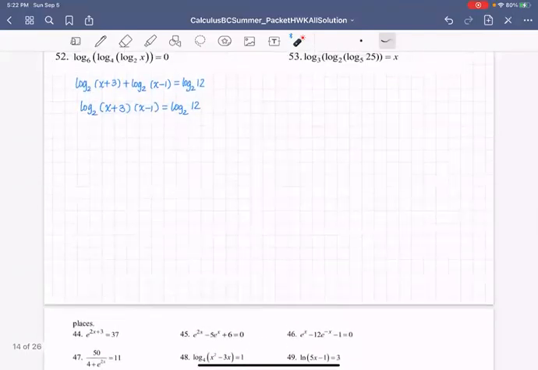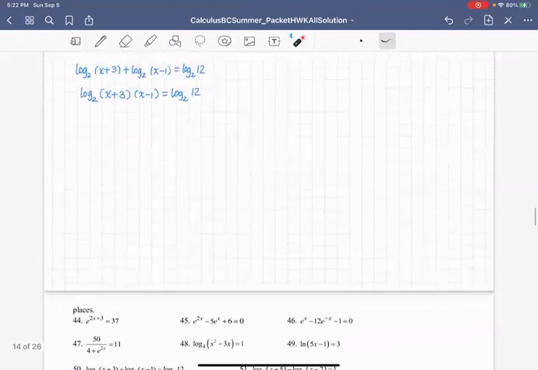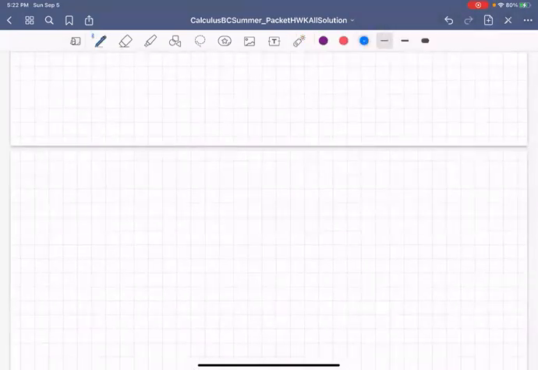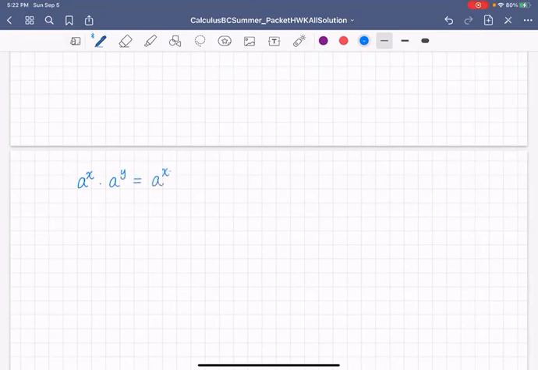I show students why this is true. This is true, correct? Okay.